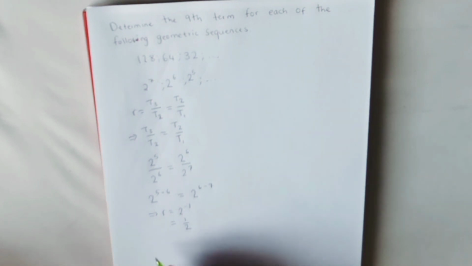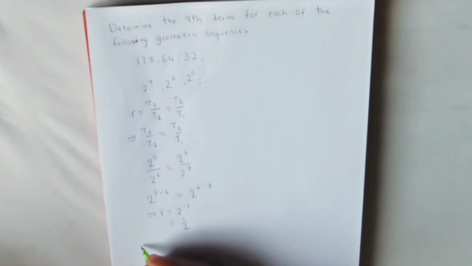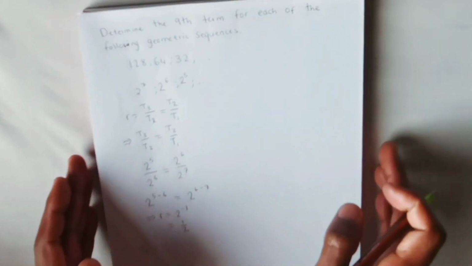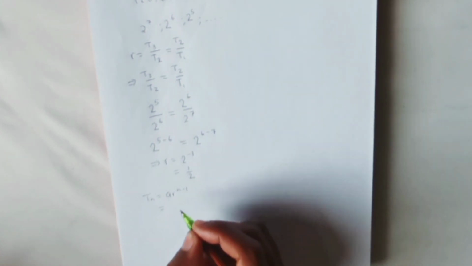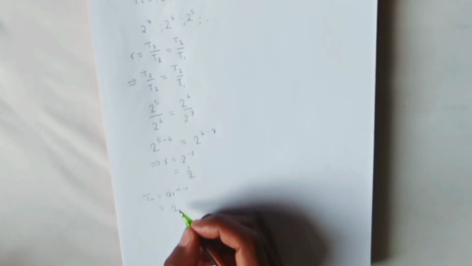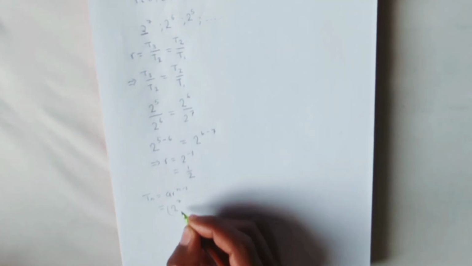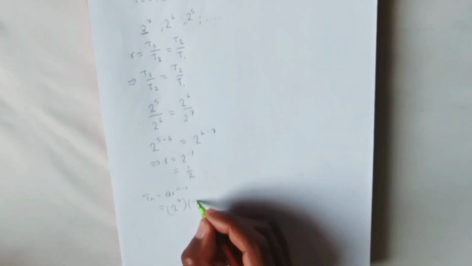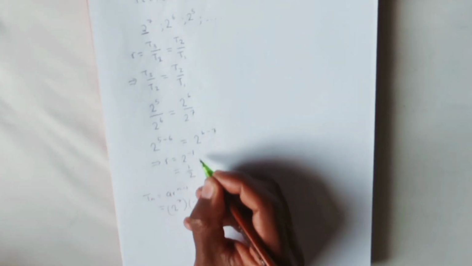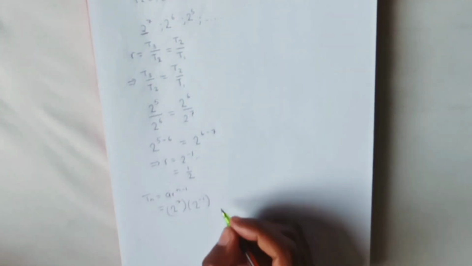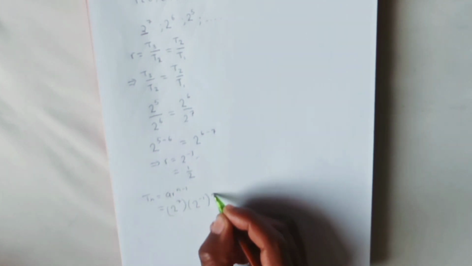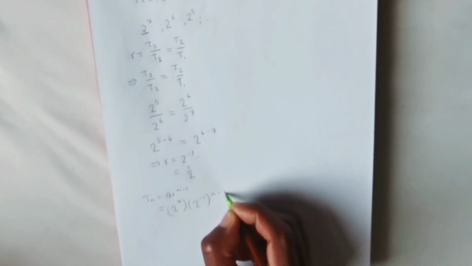Then we would do our normal routine to determine the general term. Tn is equal to A times r to the n minus 1. A is 2 to the power 7, as we've determined here, and r is 2 to the power negative 1, as we've determined here, and then it's n minus 1.